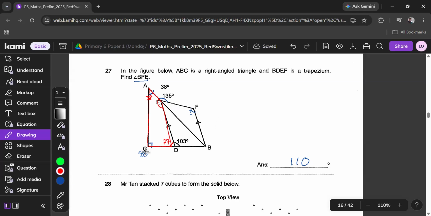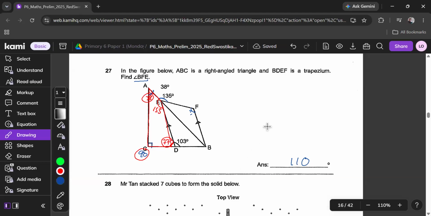So 360 minus 90 minus 77 minus 38, you get the angle. Is this 155? Okay, you can help me double check if I make a careless mistake. 360 minus 90 minus 77 minus 38, 155.